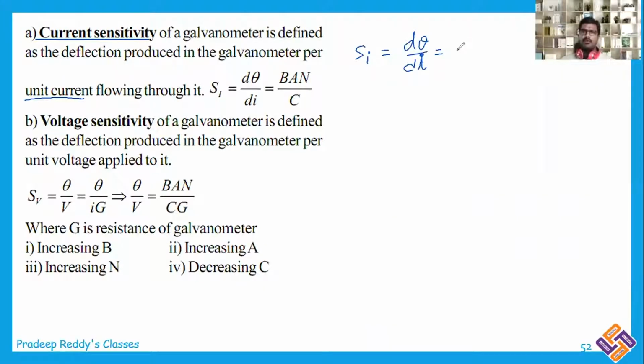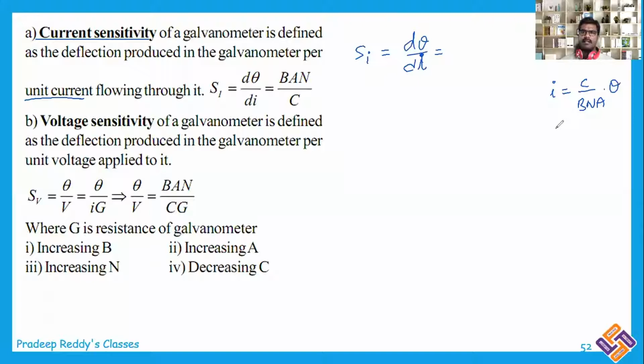Theta is already known to you. We have derived I is equal to C divided by BNA into theta.